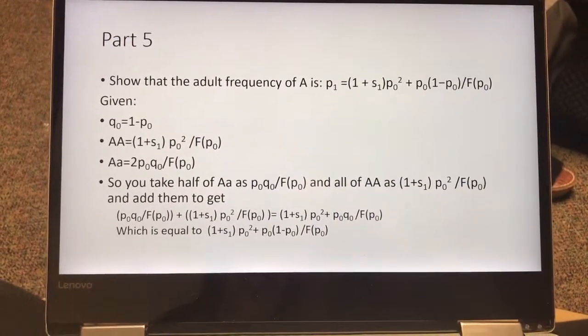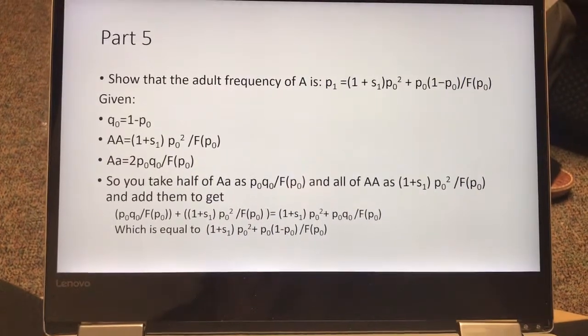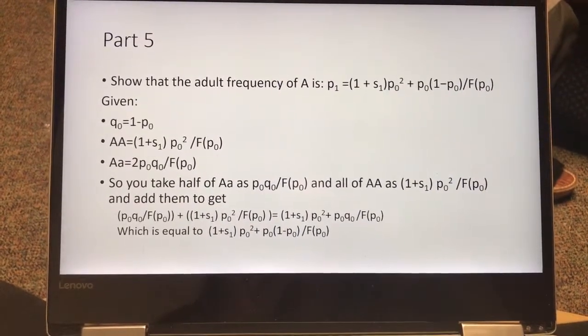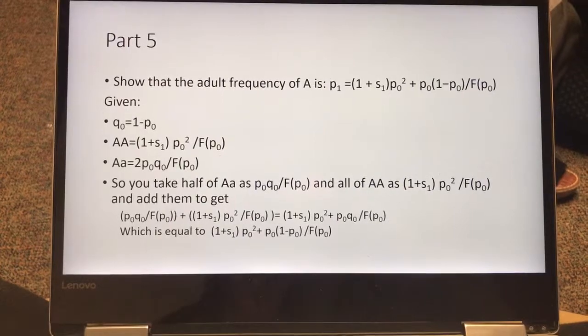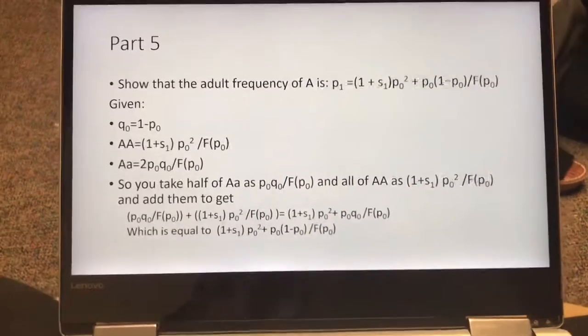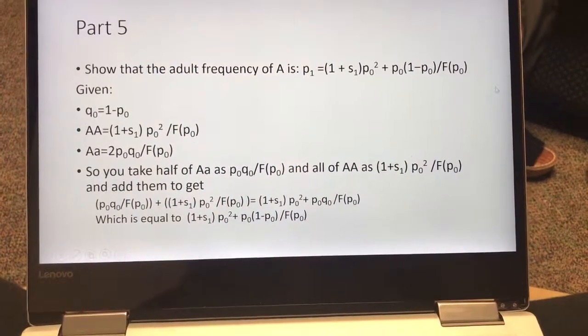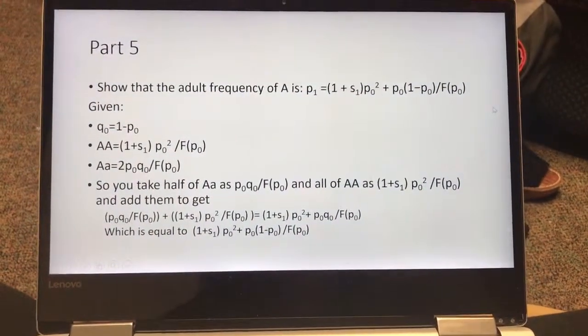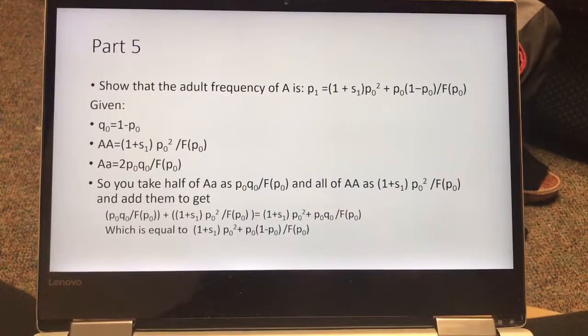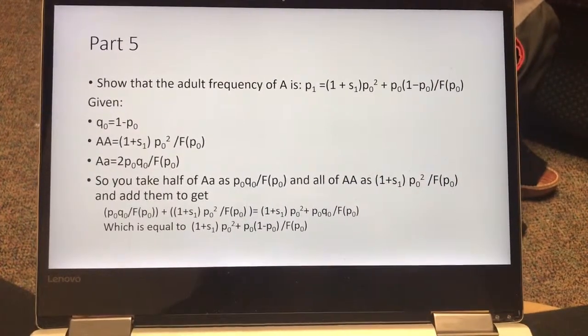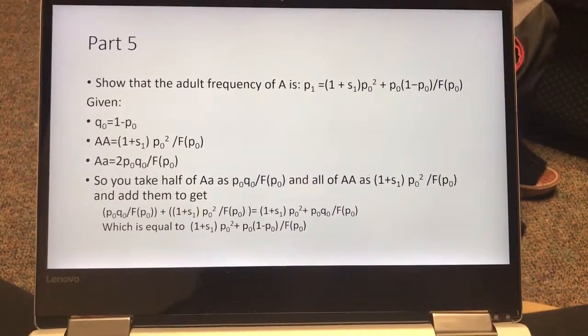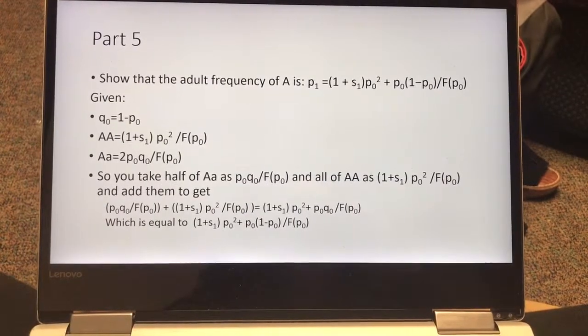For part 5, we are supposed to be solving for the adult frequency of A and showing that this is the given equation of p1 equals 1 plus s sub 1 times p naught squared plus p naught times 1 minus p naught, divided by the function of p naught. And so we will do this using the givens.